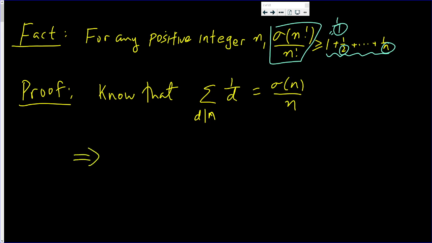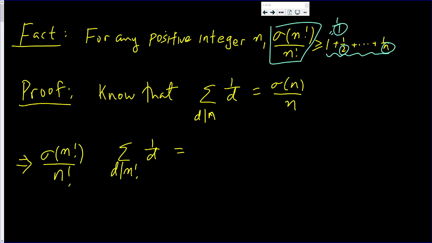That implies that if n happens to be the number n factorial, we're still going to get, let me just write it the other way, that sigma of n factorial over n factorial is equal to this.